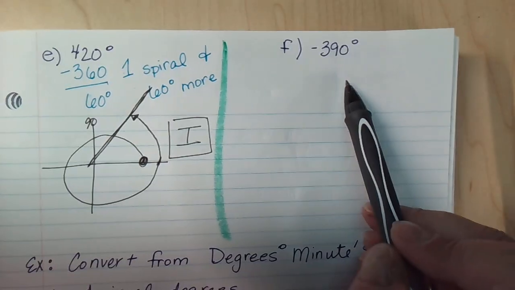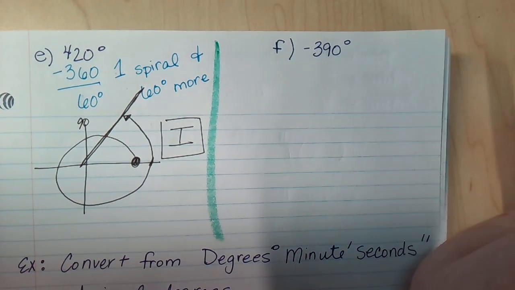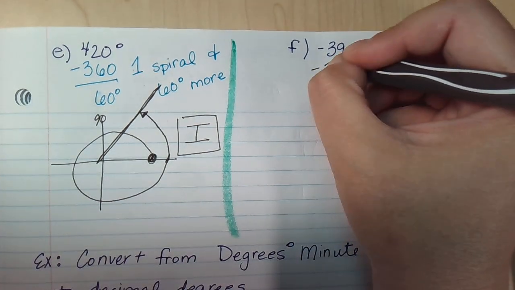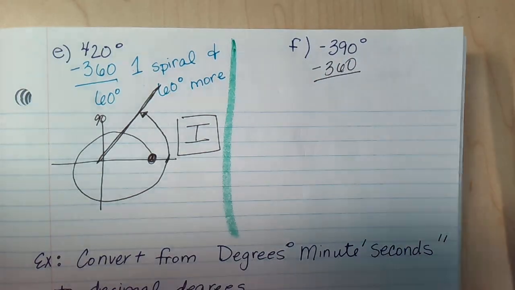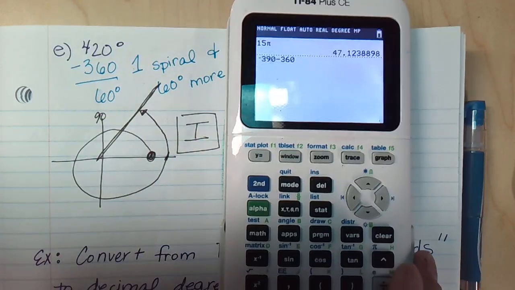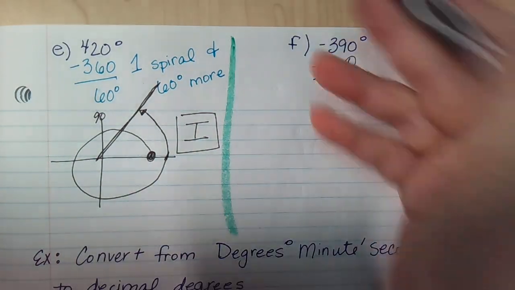Okay, let's look at this negative 390. That's too much. We only go up to 360 on a circle. So let's see, if I subtract 360, what happens? Sorry, negative 390 minus 360. Negative 750.